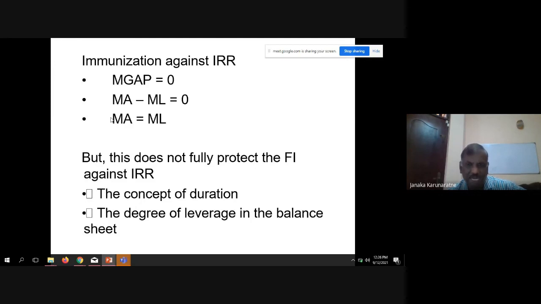So I'll start with the leverage. What do you mean by leverage? Anyone? Any thoughts?